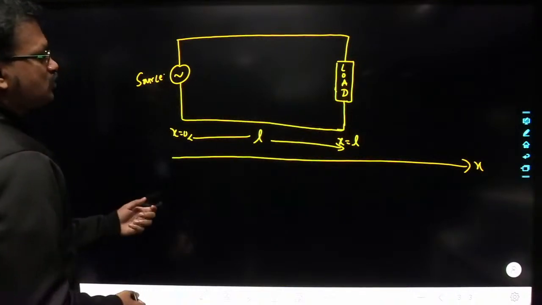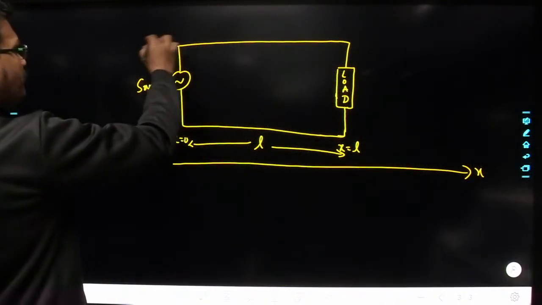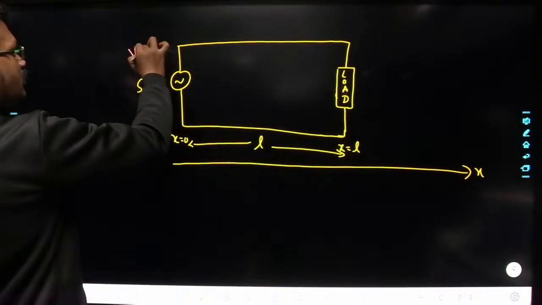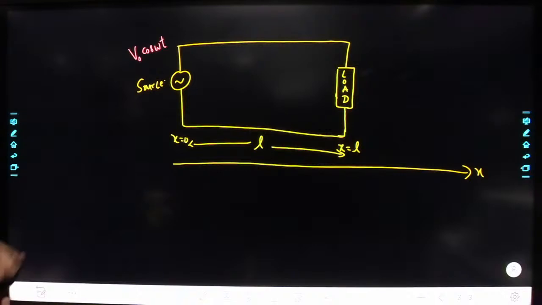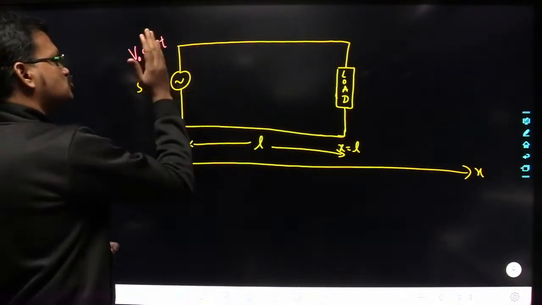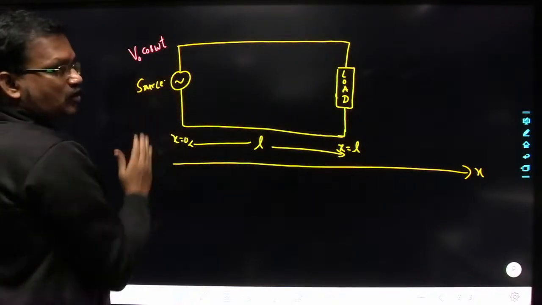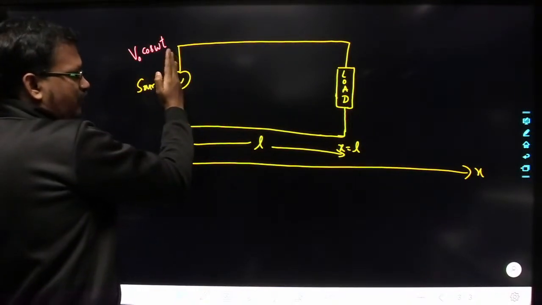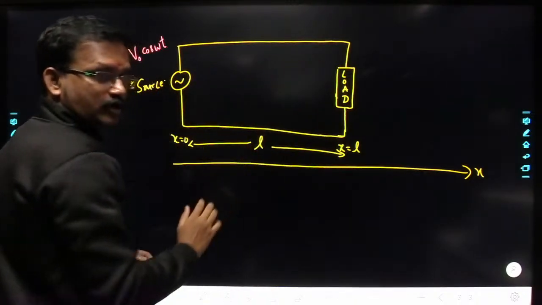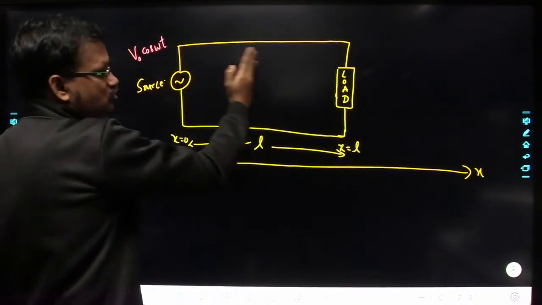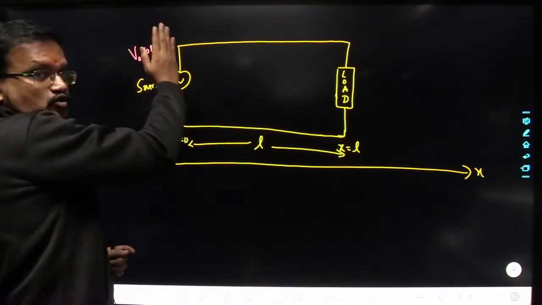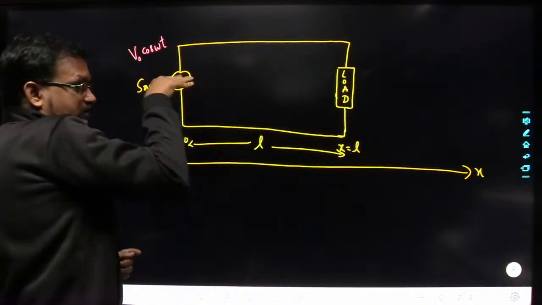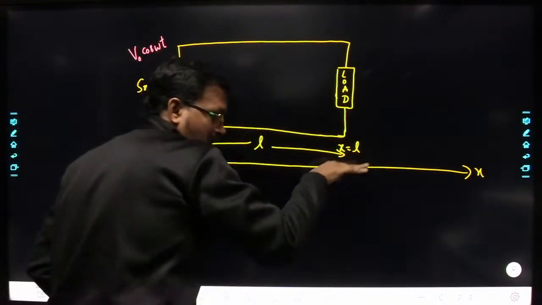Now let us assume I have applied a signal V0 cos omega t at the source. What will happen whenever I apply a signal at the source? It is going to travel from source to load, that is in the rightward direction, along the x direction.